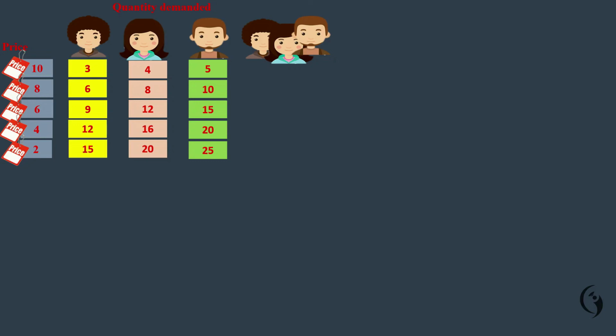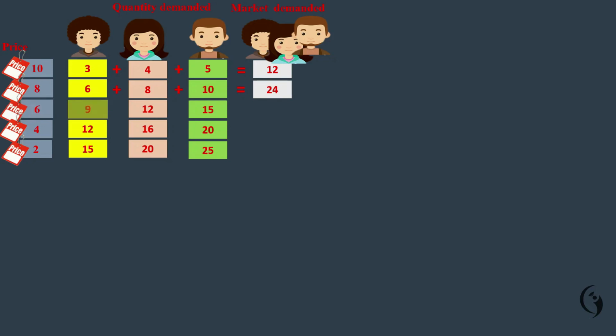So here we can calculate the market demand schedule of this particular commodity by adding or summing all the individual demands at various prices. At the price of 10, the market demand is 3 plus 4 plus 5, equal to 12. At the price of 8, market demand is 6 plus 8 plus 10, equal to 24.